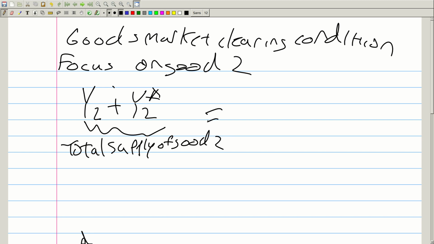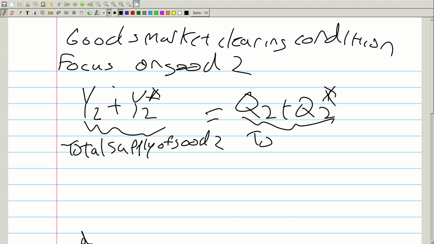And total supply of good 2 just must be equal to total demand for good 2, where each of these is each country's consumption of good 2. So this is total demand for good 2.